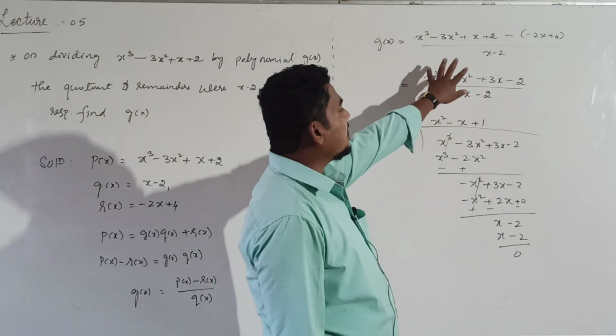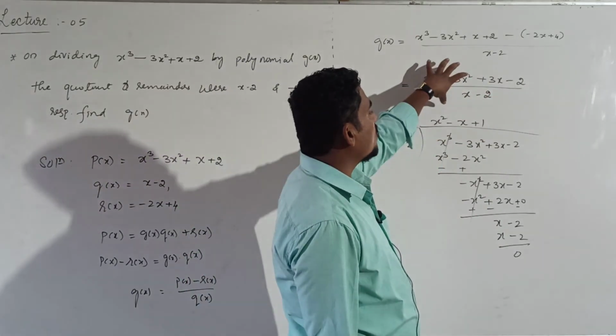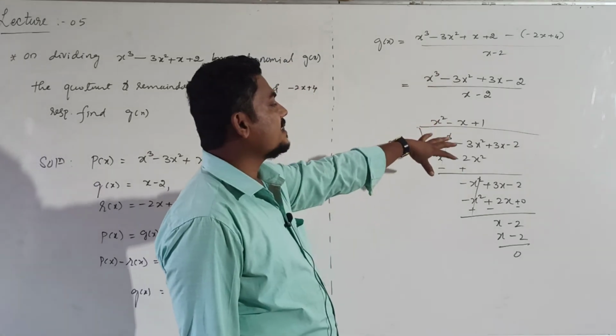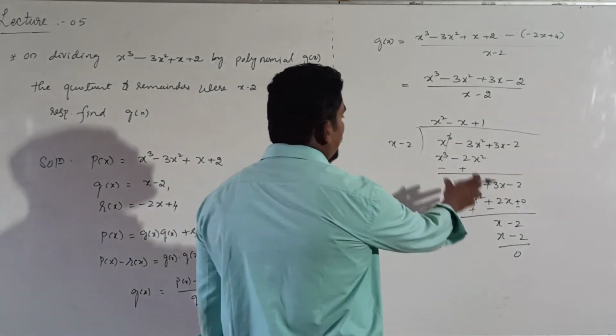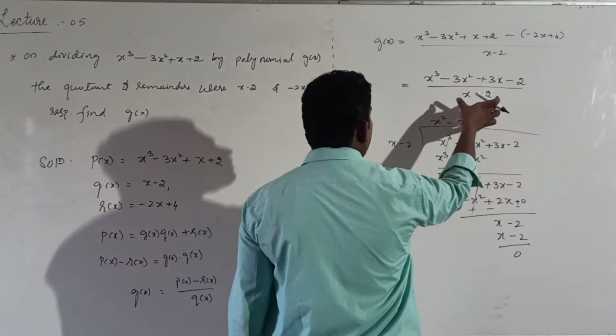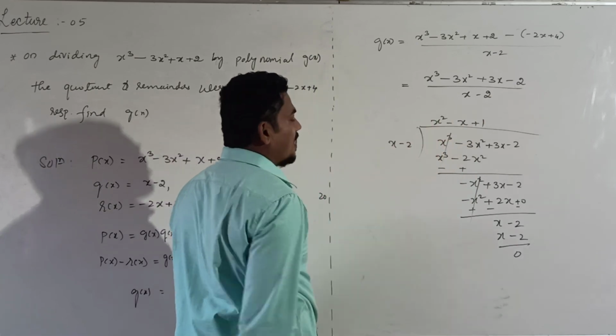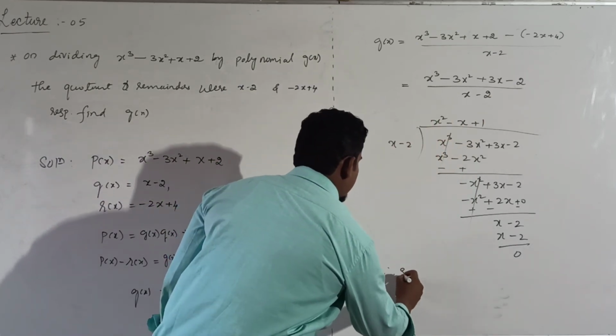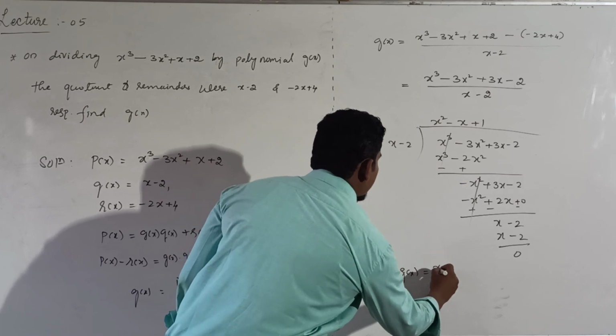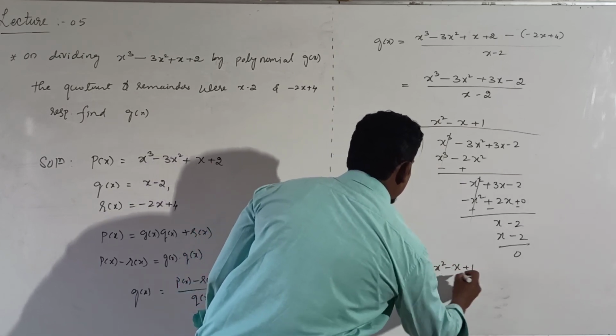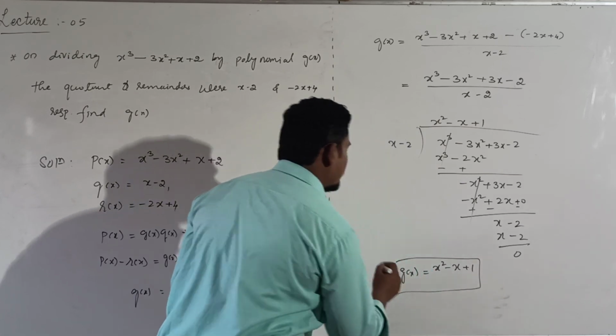If you divide this polynomial with x minus 2, then you get x square minus x plus 1. Therefore, g of x equals x square minus x plus 1. This is our g of x.